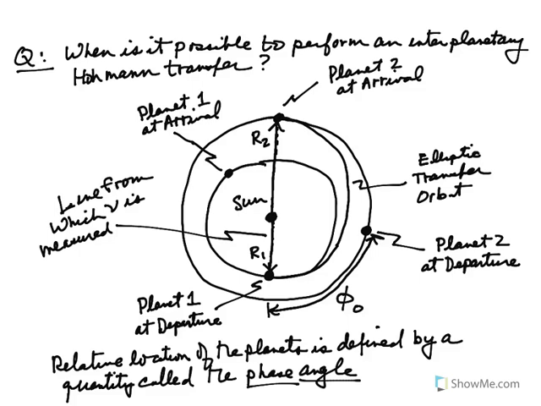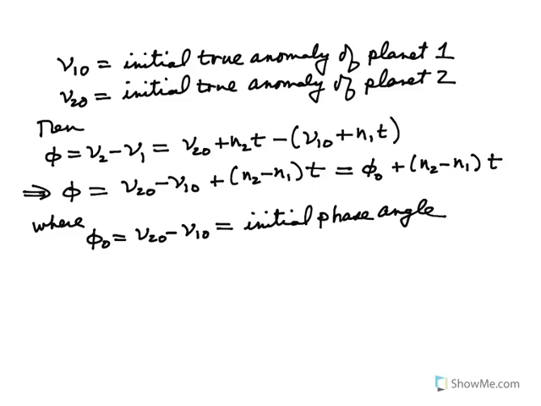And so the difference between their true anomalies is the initial phase angle. Now, we are going to use a construct a little bit later on that will help us understand how the timing actually works for doing this orbit transfer at the right point so that we coincide with the planets.